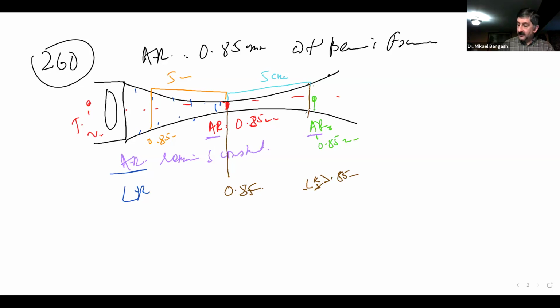Since they do not use the word axial resolution, they use the word radial resolution. So if you didn't know that axial resolution is also called radial resolution, you would have been lost.